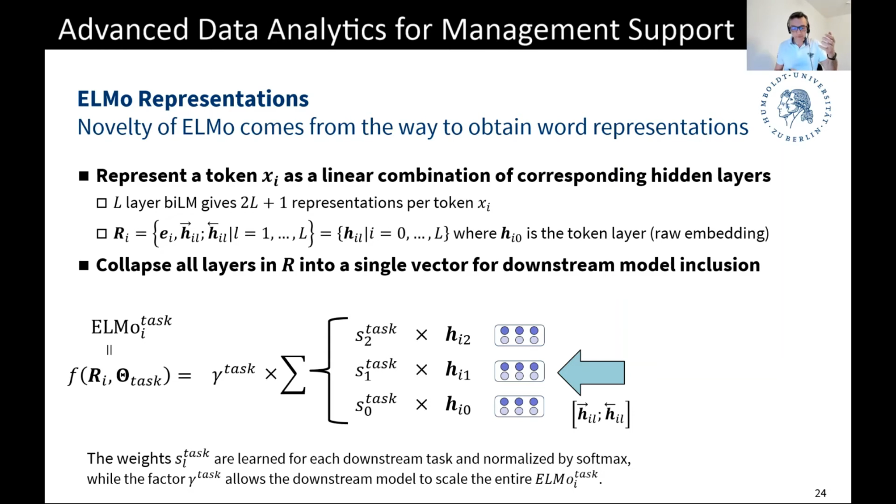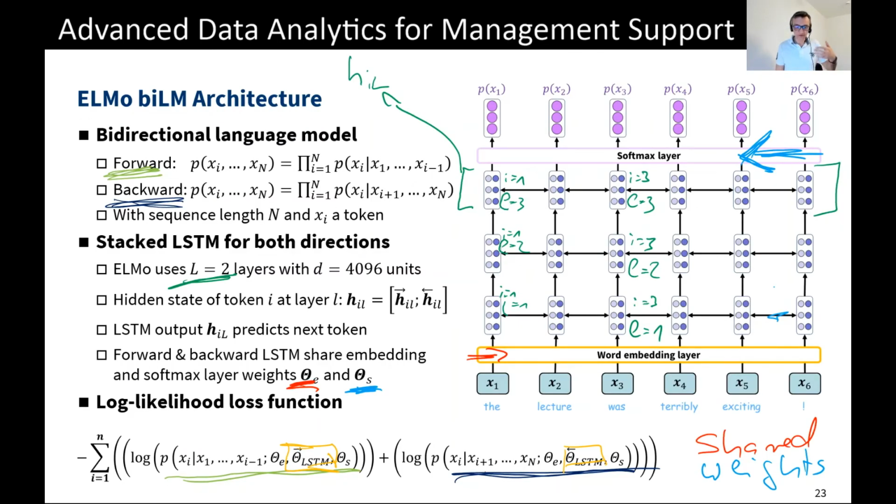So what ELMo basically does, in a nutshell, is combine everything. First of all, we pre-train this deep bidirectional language model on some big corpus. That gives us weights: all the weights we had before, this theta E, theta S, and the theta LSTM forward and theta LSTM backward as symbols for millions of parameters.